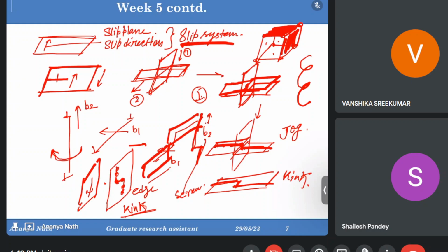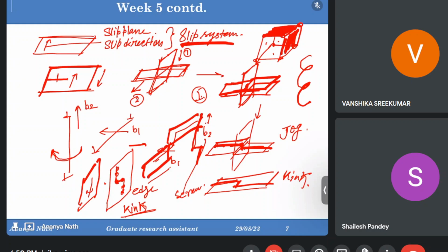It needs more energy. It's not like that. There is some energy associated with each dislocation, and when they jump from one plane to another plane, they will need some more energy or some less energy. We can't say, because there is an interaction between two types of dislocations.